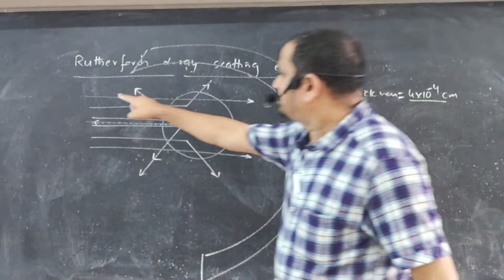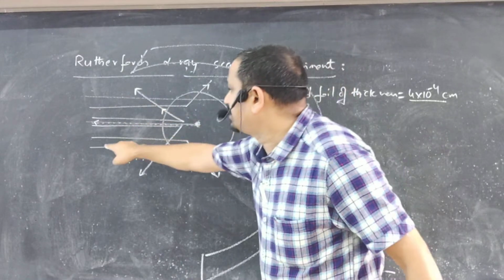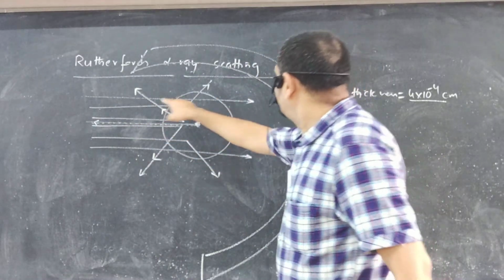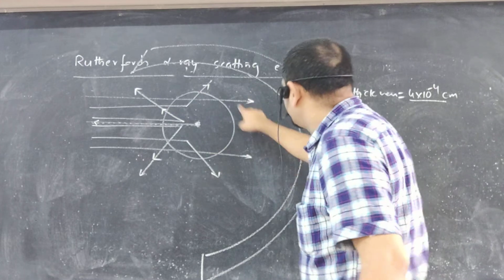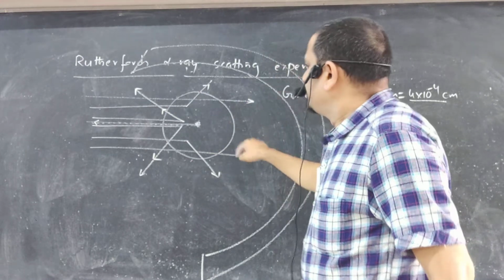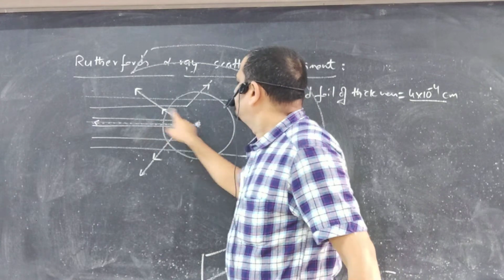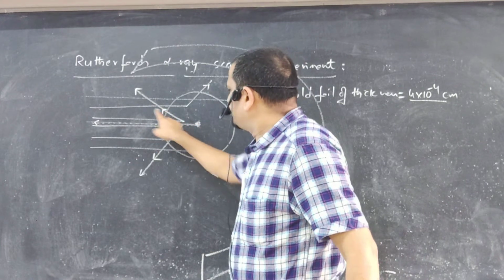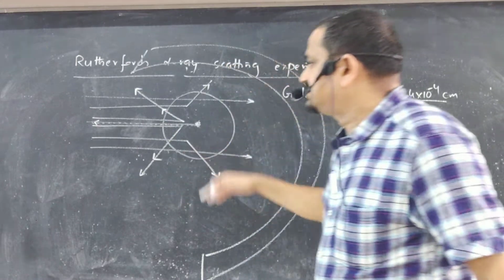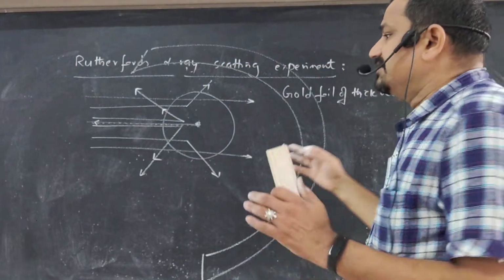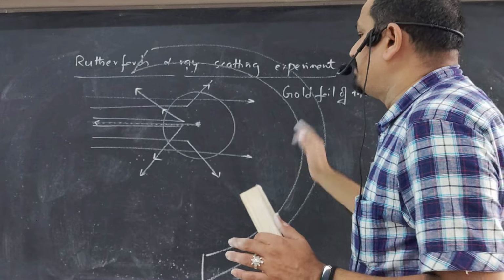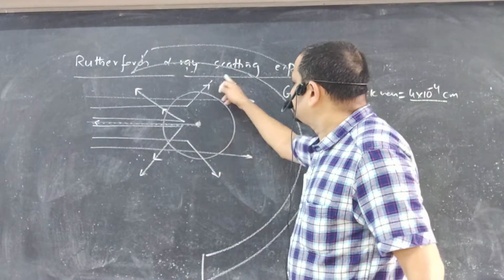The majority of alpha particles are passing straight through the gold foil. A few particles are getting reflected at an angle more than 90 degrees, and a few particles are getting reflected at an angle less than 90 degrees. Very few particles are deflected backwards through an angle greater than 90 degrees.